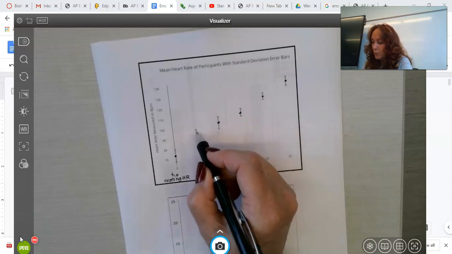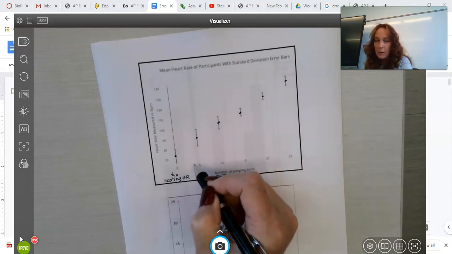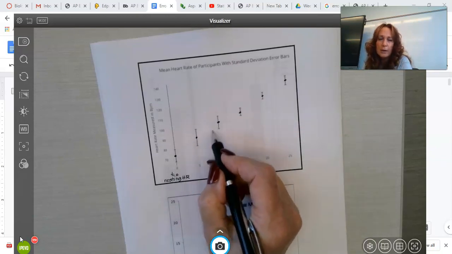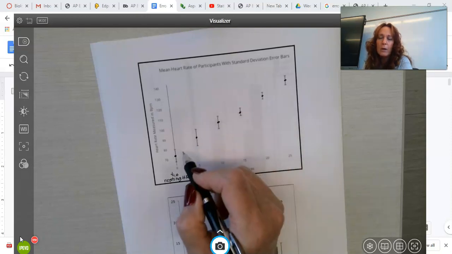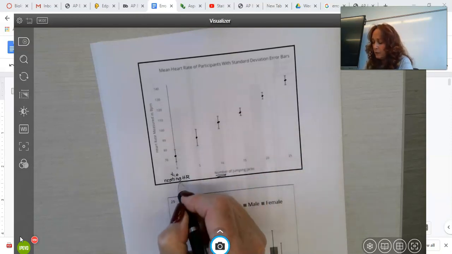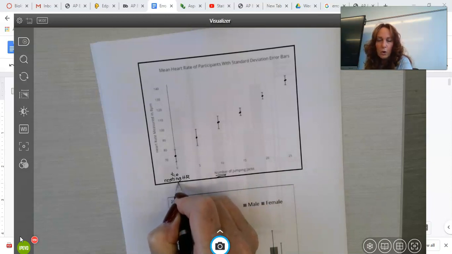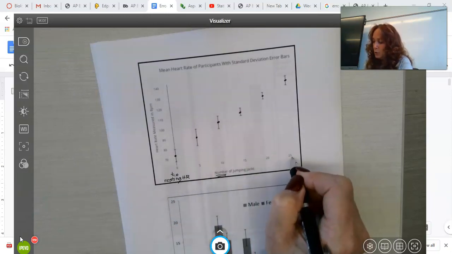So there's more variation here, and you could start looking to see if they're different from each other, but overall what really matters is compared to when you started, which is I haven't done any jumping jacks, to when you did 25.